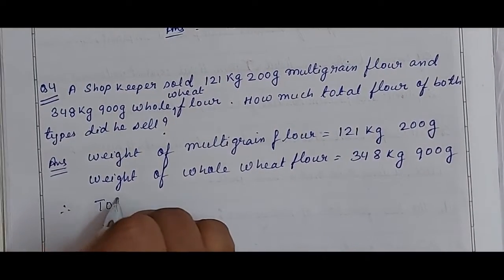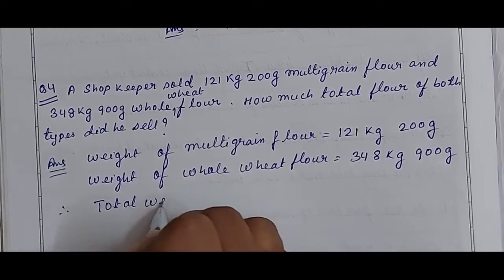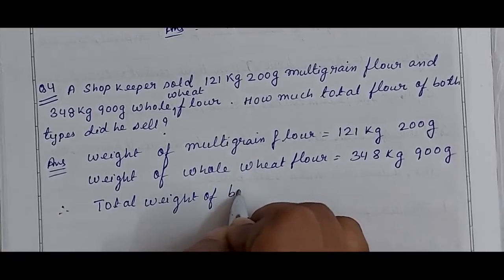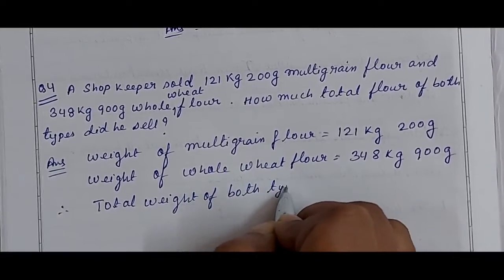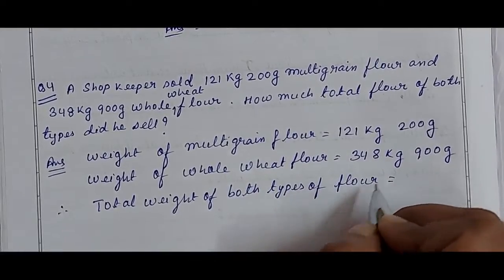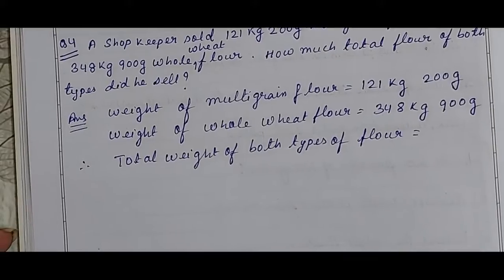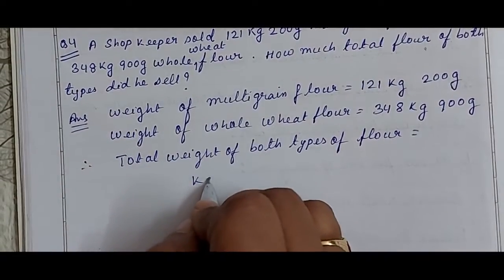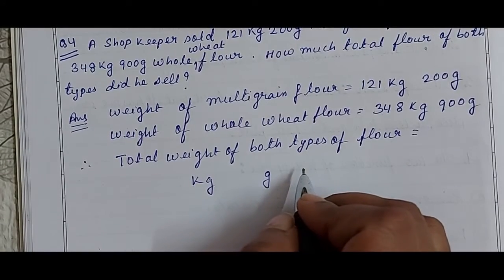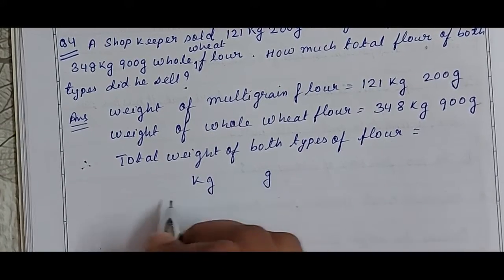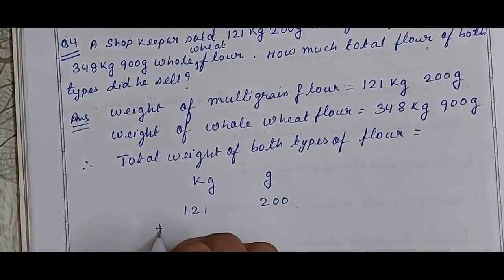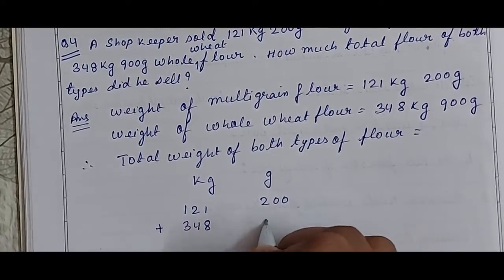Therefore, total weight of both types of flour equal to, we have to write here kilograms and this side it will be grams. We know that 1 kg is equal to 1000 grams, so 3 digits must be there in grams place. So 121 200 plus 348 900.